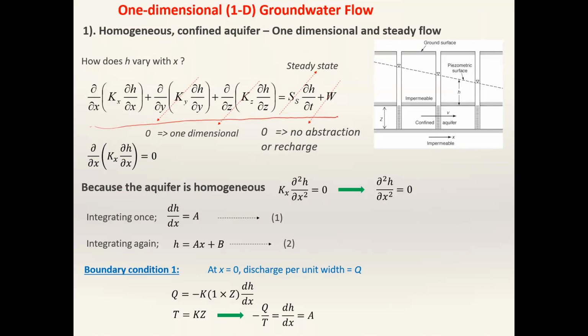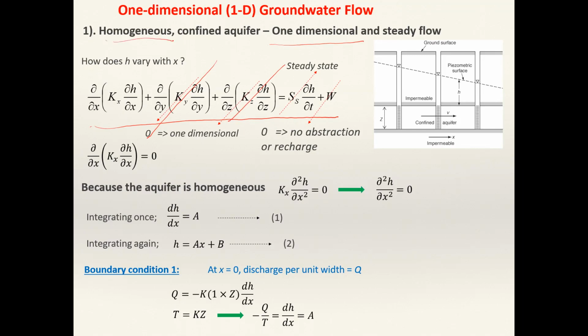What does it say? First thing is that it is one-dimensional. Water flows only in the X or Y or Z direction. Let's say it flows in the X direction alone. In that case, if it is one-dimensional, the Y and Z directional flow you can neglect. So you see now, the equation becomes very simple. Then what else? It is homogeneous.